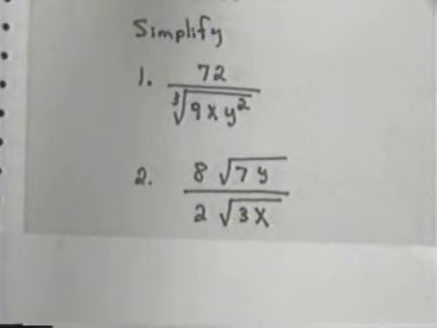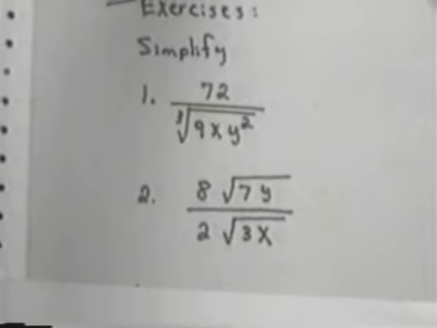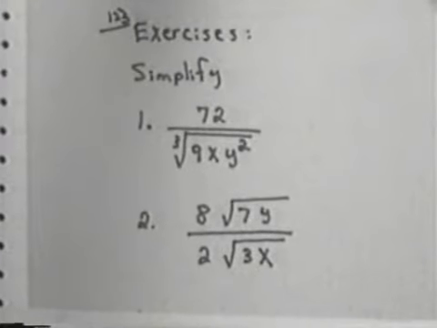Now I'm going to give you some exercises to see whether you understand the concept. Simplify 72 divided by the cube root of 9xy squared.